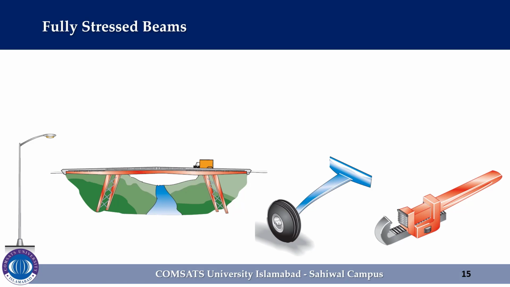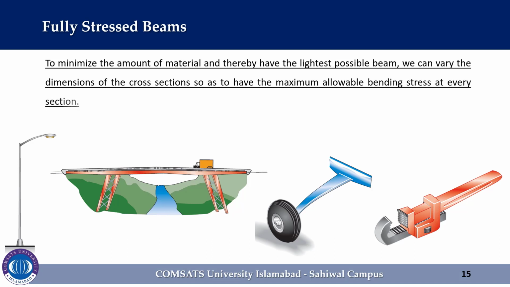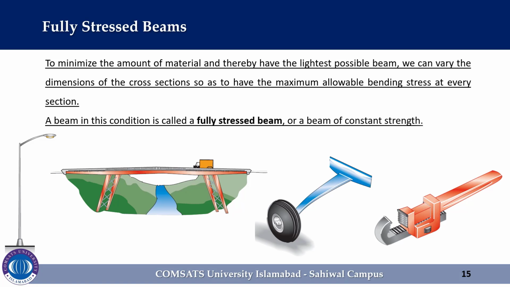So here is some discussion on fully stressed beams. To minimize the amount of material and thereby have the lightest possible beam, we can vary the dimensions of the cross sections so as to have the maximum allowable bending stress at every section. A beam in this condition is called a fully stressed beam or a beam of constant strength.